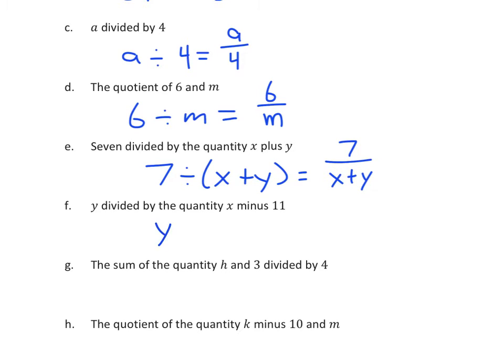So that would be y divided by x minus 11, which could simply be y over x minus 11. I believe I would need to have this in parentheses then, because I'll have to do that as something separate. y divided by x minus 11 would be boxed together. And since division comes before subtraction in PEMDAS, I have to parenthesize it to make sure I know I'm doing that. And then I'm doing y divided by that.